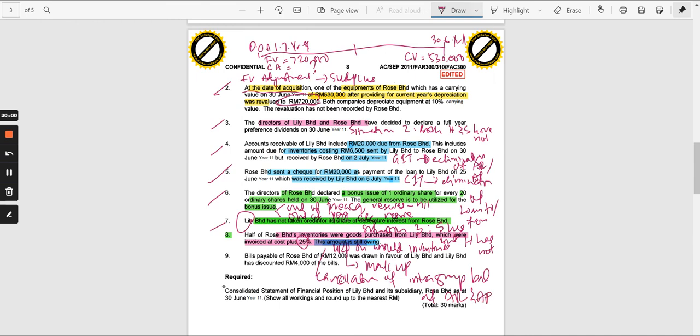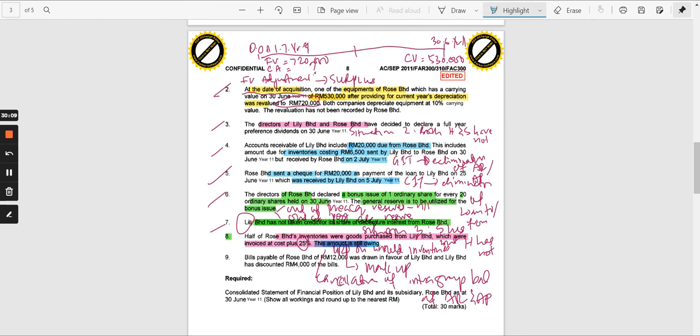Number 9 is related to bills payable. So here you have bills payable of Rose that was drawn in favor of Lily, and therefore that was intercompany bills.